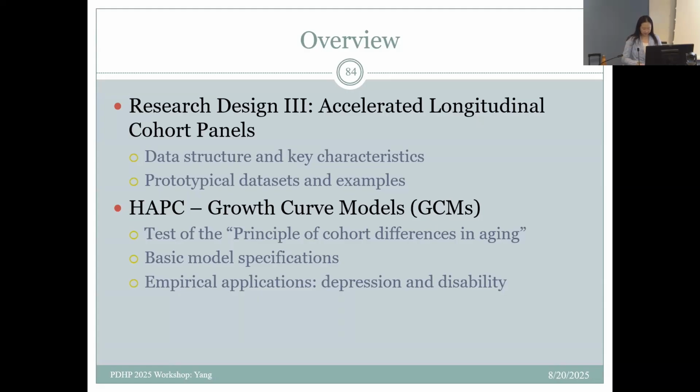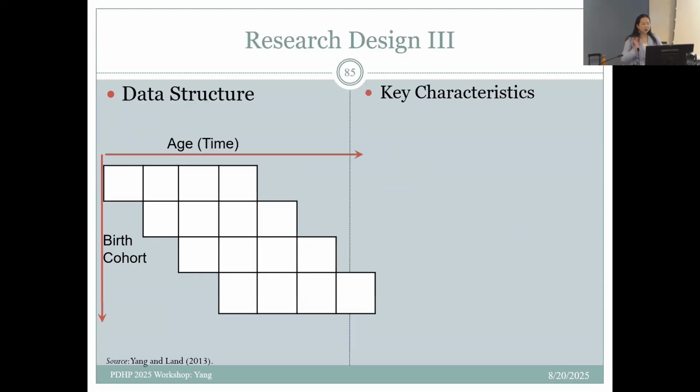Lives study. So the data structure is called accelerated longitudinal panel, mainly in reference that it's different from a single cohort study because it follows multiple cohorts forward over multiple points in time.